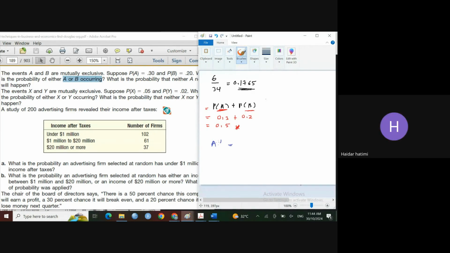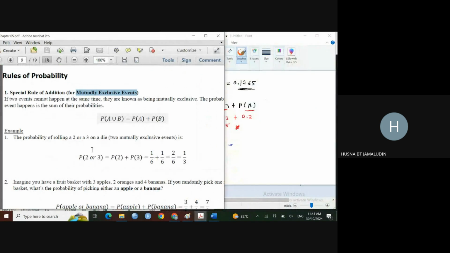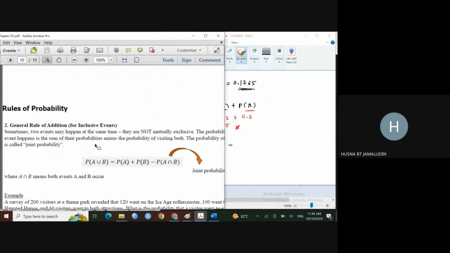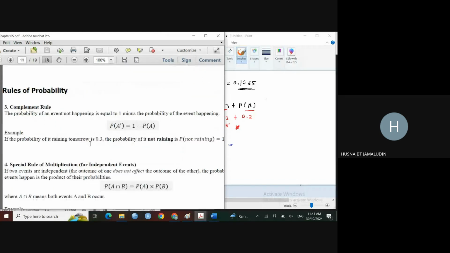So if you look at the formula of A prime, which is somewhere here, where is it? Let me scroll down. This is the A prime. We call it the complement rule. So what is the formula?